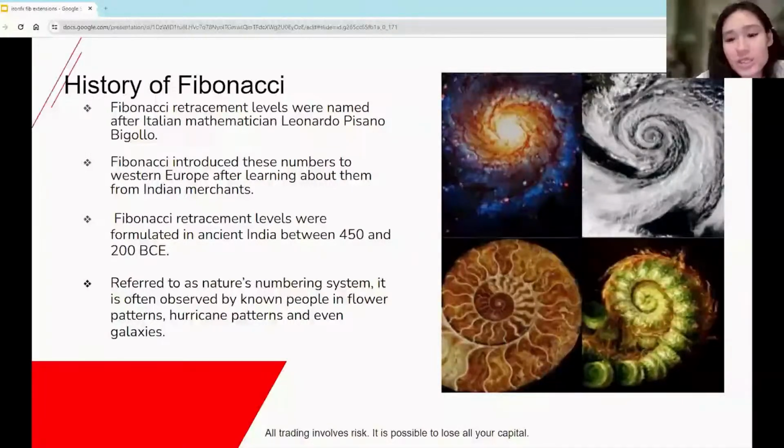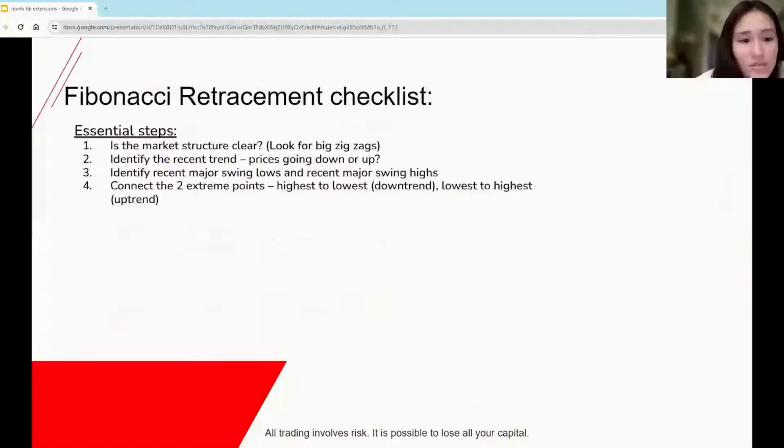Instead, he introduced these numbers to Western Europe after learning about them from Indian merchants. The sequence was formulated in ancient India between 450 and 200 BCE, and it is also referred to as nature's numbering system. It's often observed in flower patterns, hurricane patterns, and galaxies.